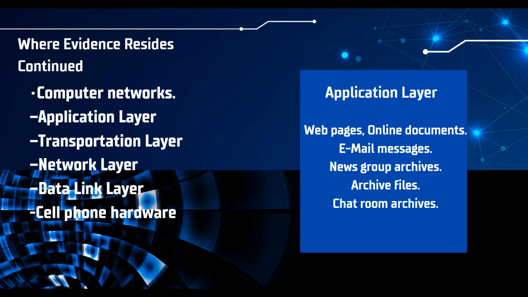And then you have your transport layer that is providing that end-to-end communication between applications. So you have the TCP, the transmission control protocol, which provides that reliable data. That's the evidence layer of the connection logs that we talked about earlier with networks. And it's going to be our data related to that transmission between our ISPs and the actual web platforms. Then we have our network layer, which is our routing services.